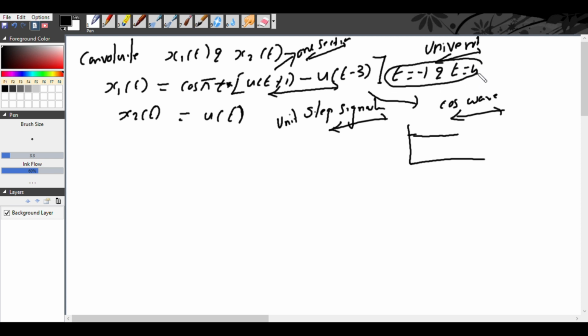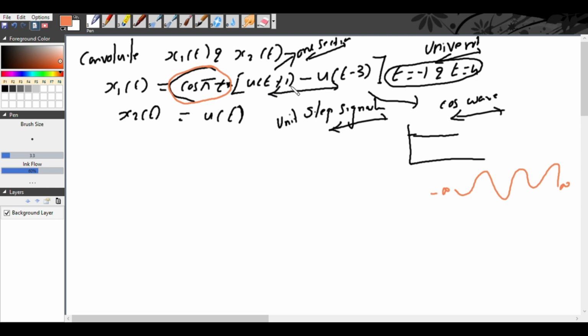Look, if this were just cos pi t, then this is a never ending signal actually. It is going to vary from minus infinity to infinity for sure. But it is not just cos pi t, it is cos pi t into u of t plus 1 minus u of t minus 3.